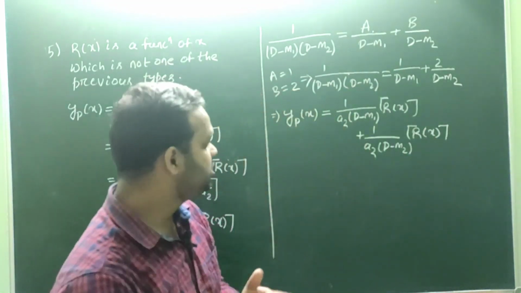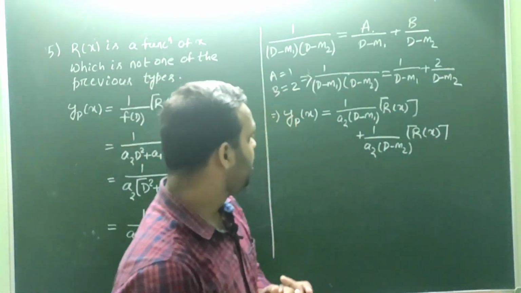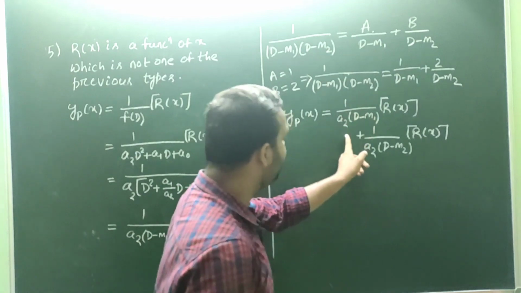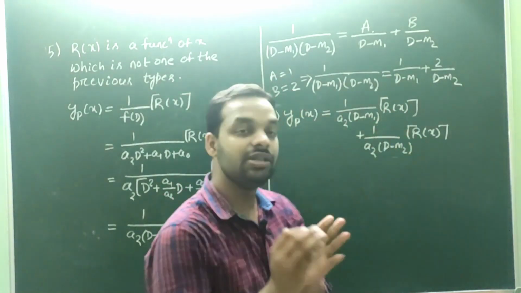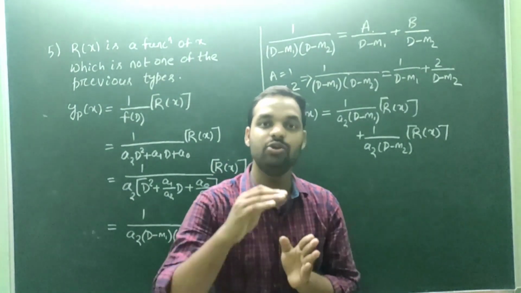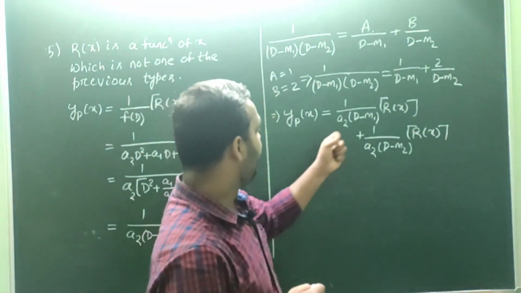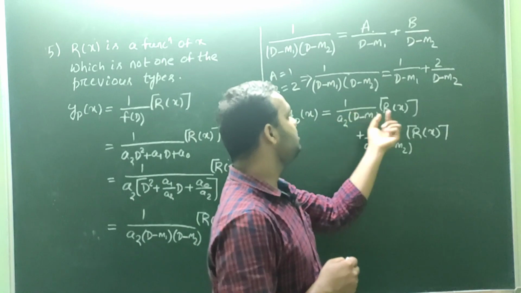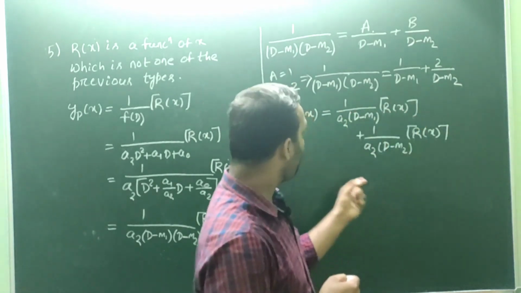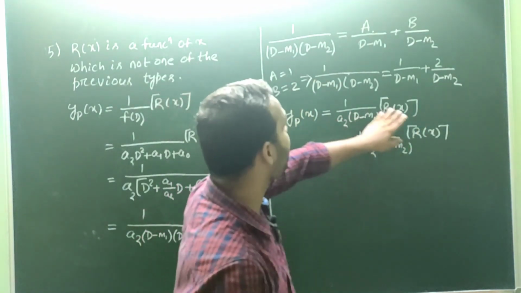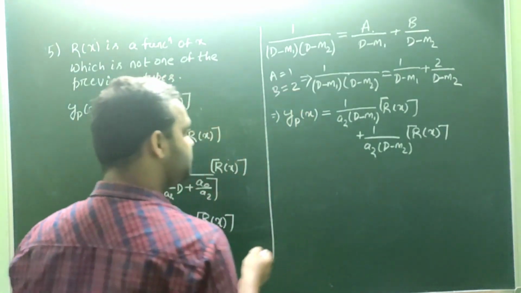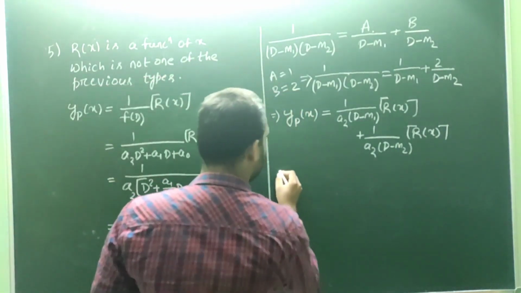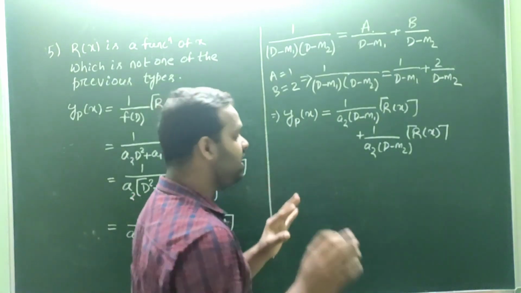Now there must be a question in your mind: if there is only 1 by D, after operating it on R(x), we can simply integrate R of x with respect to x. If there is D in the numerator, we can simply differentiate. How can we operate this (D minus m1) term on R(x)? So there is a formula for that. I am taking the general case for any a, not m1 or m2.